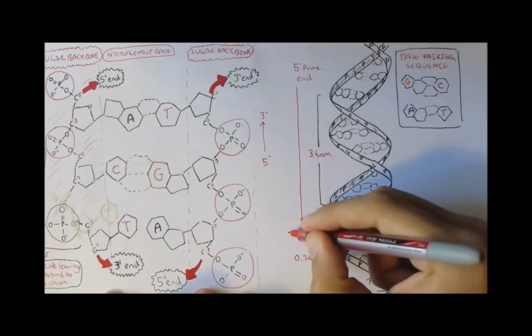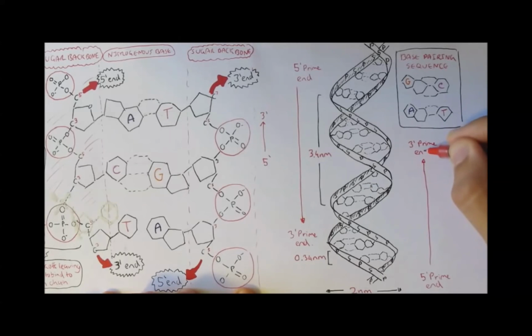The pairing sequence of bases are, if you remember, guanine and cytosine, and thymine and adenine. And one strand runs from the 5' end to the 3' end, and the 5' end on the other strand starts from the bottom, or the other side, and runs up to the 3' end on the top.